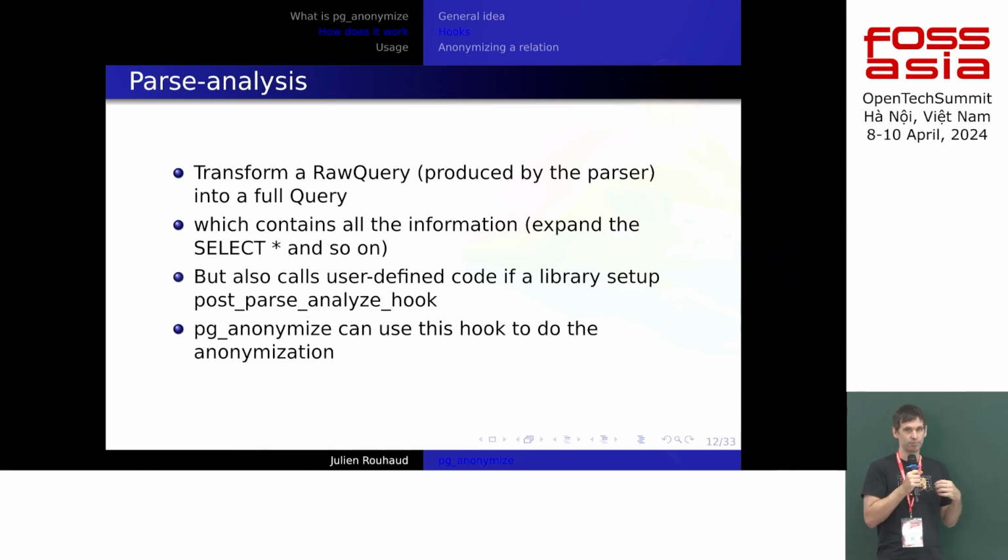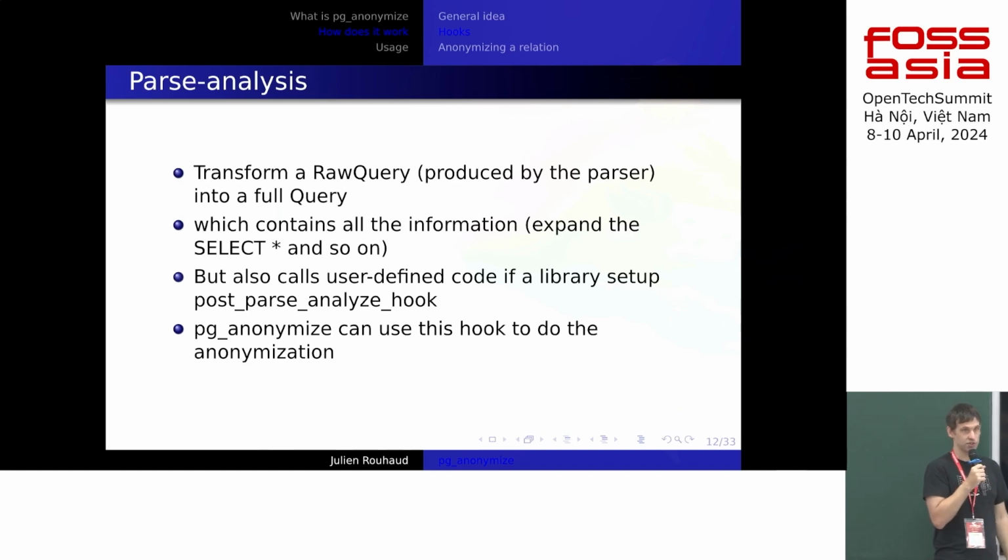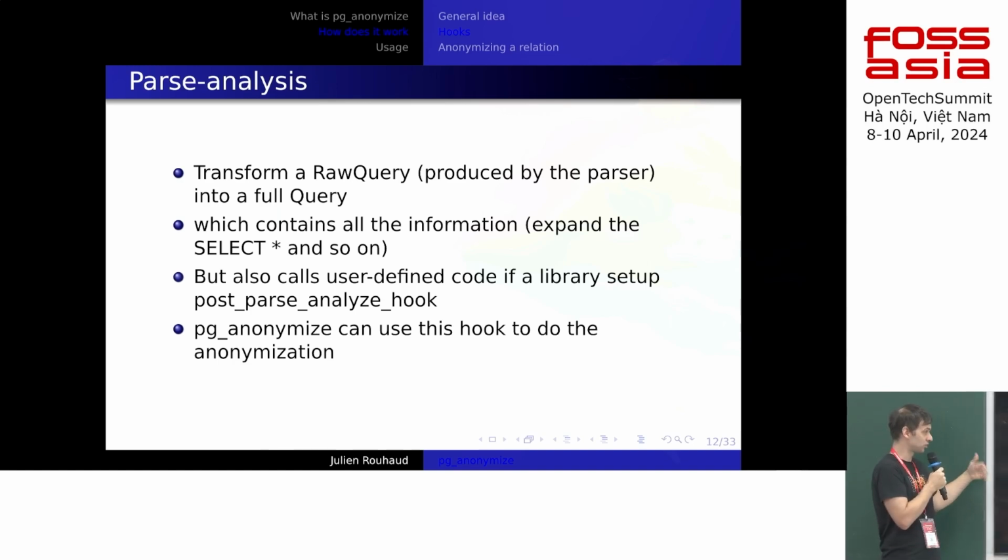It will check all the data types you are using, like whether the phone number is a text. So you have all the information you need to fully know the query. At the end of the parse analyze stage, it will call a hook, called the post-parse analyze hook. That's one hook we can use for PG anonymize to transform the query and inject anonymization on the fly.